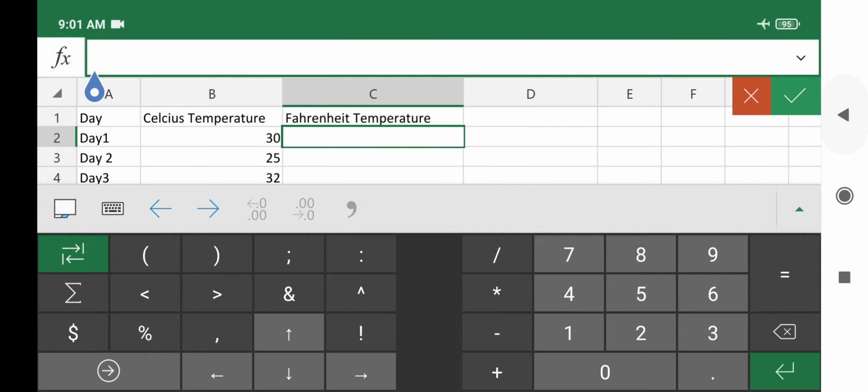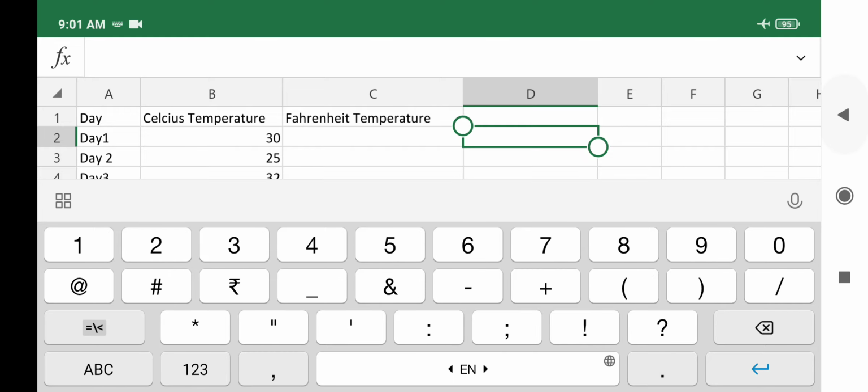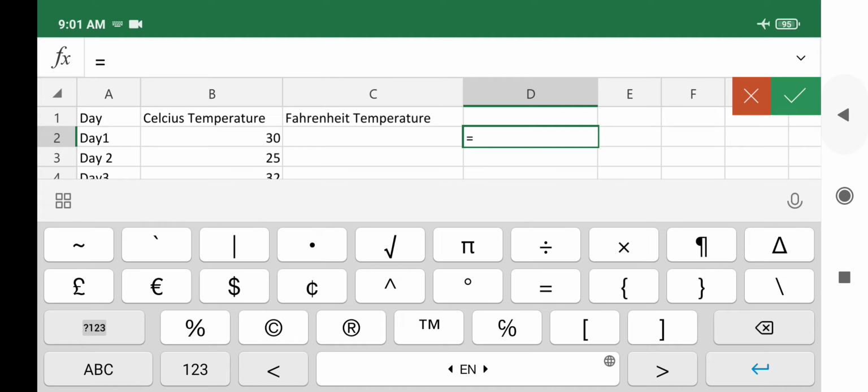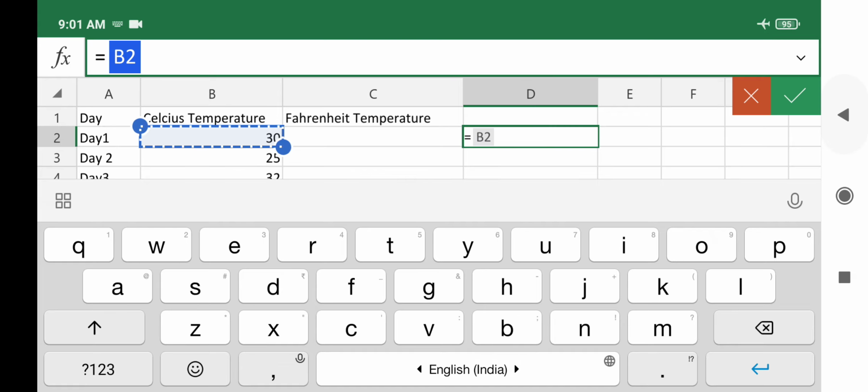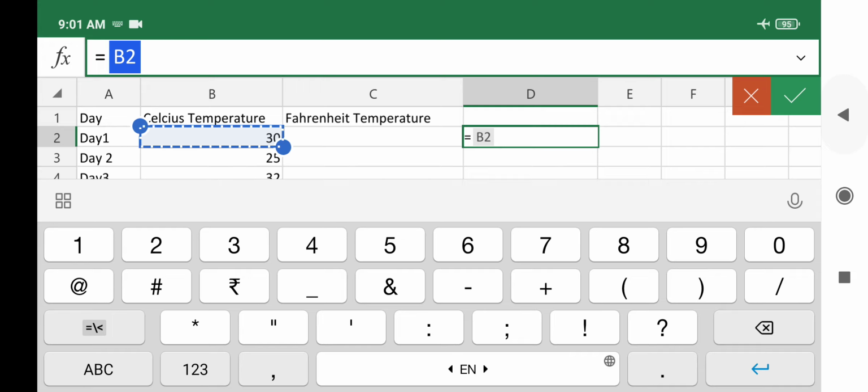First of all put the equals to symbol, which is very necessary. Now we take a Celsius temperature: click on the cell, then go for the multiplication symbol, and then manually write 1.8.